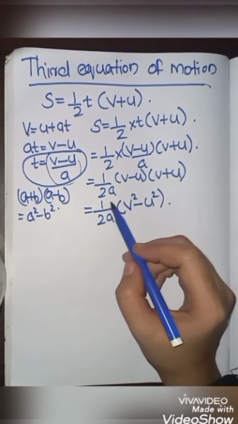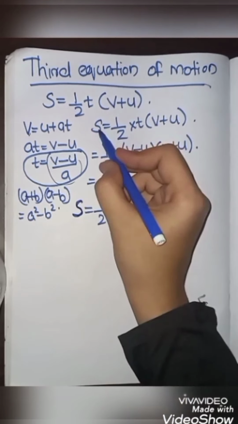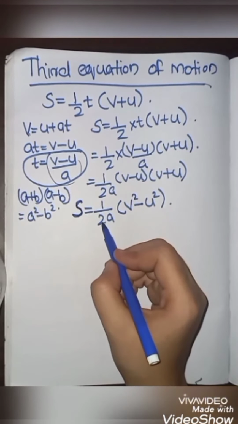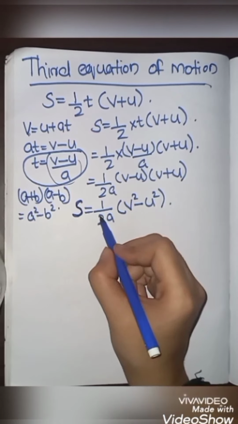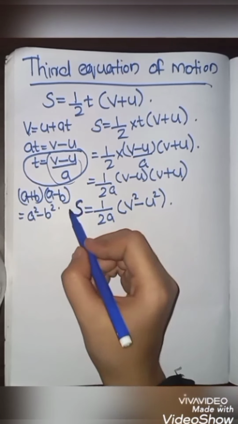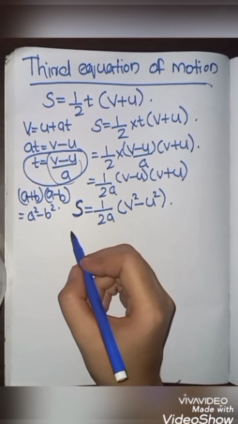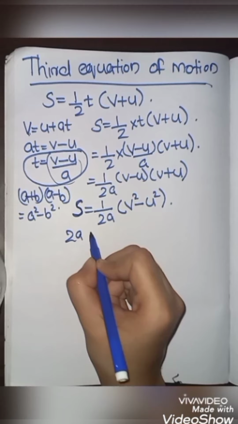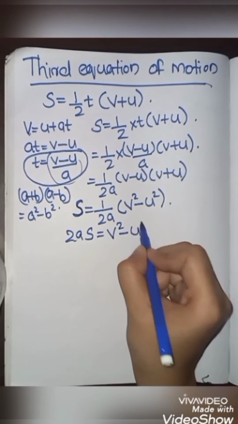So the distance S is equal to 1 by 2A into (V square minus U square). We bring this 2A to this side: here there is division, there it becomes multiplication. That is 2AS is equal to V square minus U square.